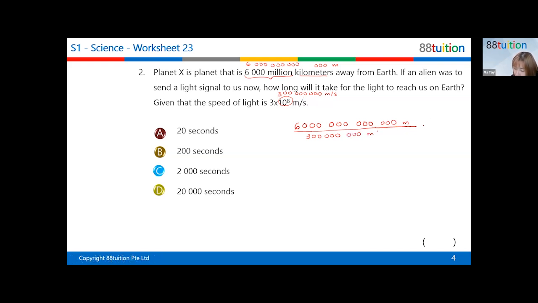When I do this, it will be the same because I need to cancel all the zeros first. So if I cancel 3, I cancel 3 here, another 3, then 2, and then 6 and 3, this will be 2, this will be 1. Right now, so do I get the same answer? I will.